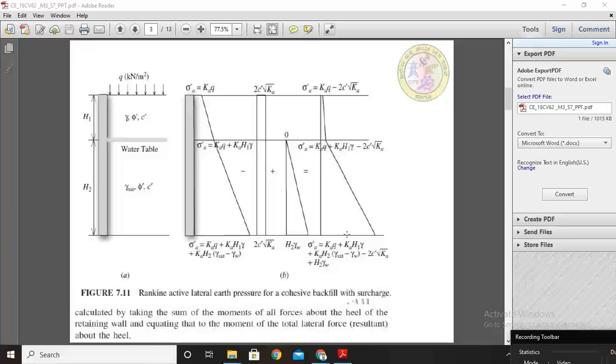And at the base it is Ka Q plus Ka H1 gamma plus Ka H2 into gamma saturated minus gamma W, minus 2C root Ka, plus this pressure, that is H2 into gamma W. So this is the active lateral earth pressure.